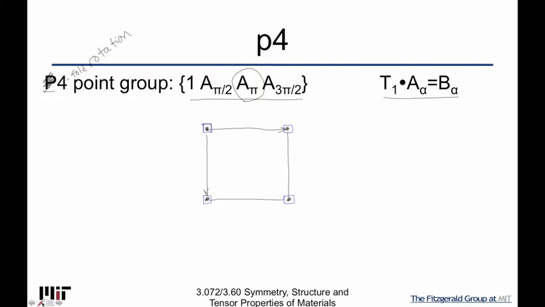So that means that just by inspection, I can put in this one, this one, this one, and this one. Also, if I've got two twofold axes here, I can put in that one. So already I see these extra symmetry elements have to be part of the group.